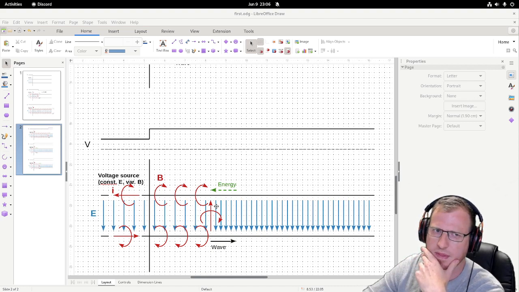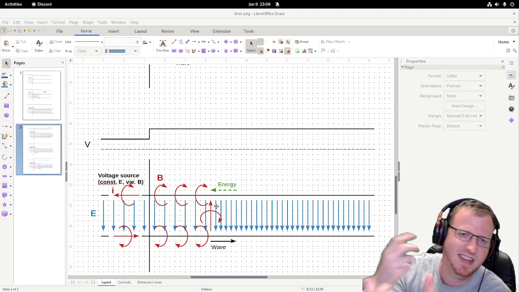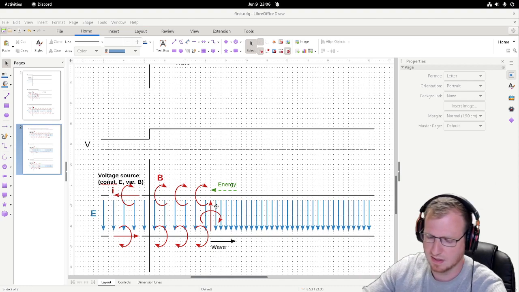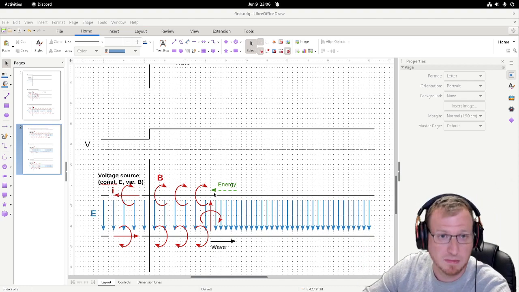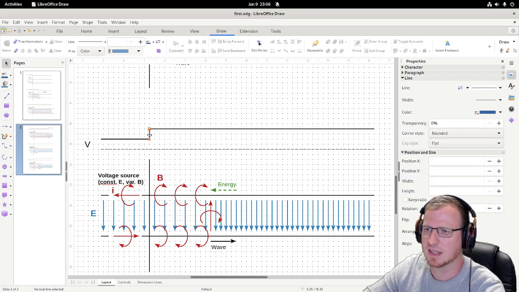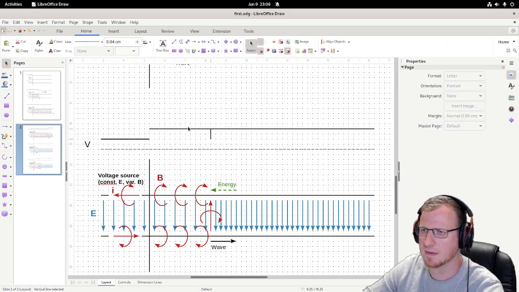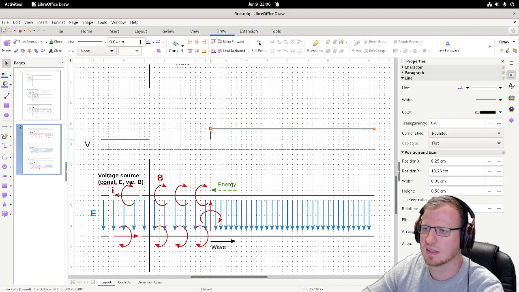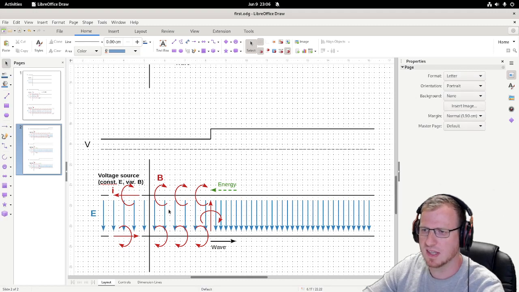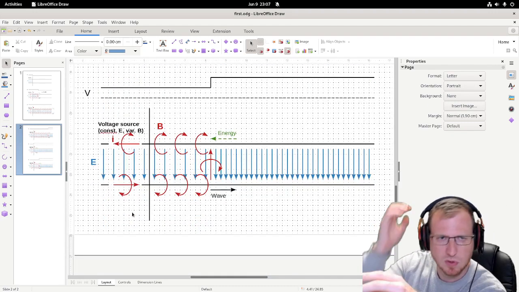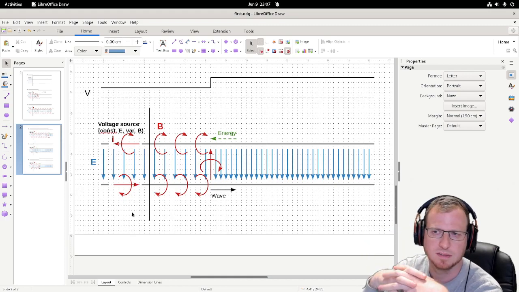So the electrical field is removed, part of it, not everything, and this means it is again like that. The voltage source always tries to establish the same electrical field on the outside as it is in the inside, and for this it has the ability to move the electrons around the current.